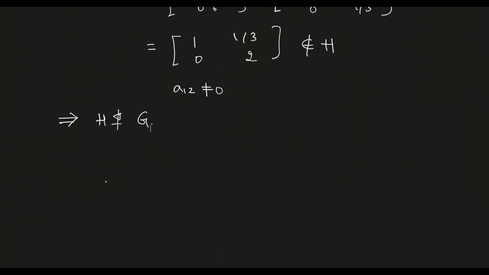B part. H is equal to A belongs to G such that A11 is equal to 1.